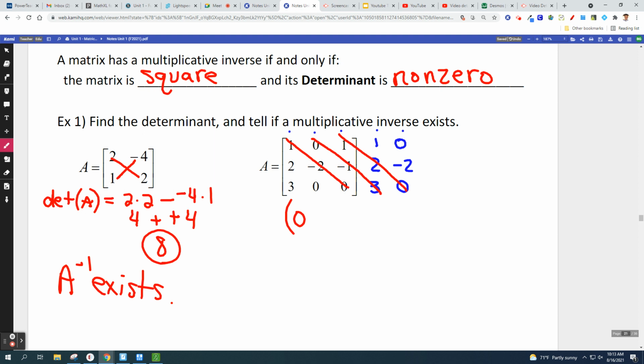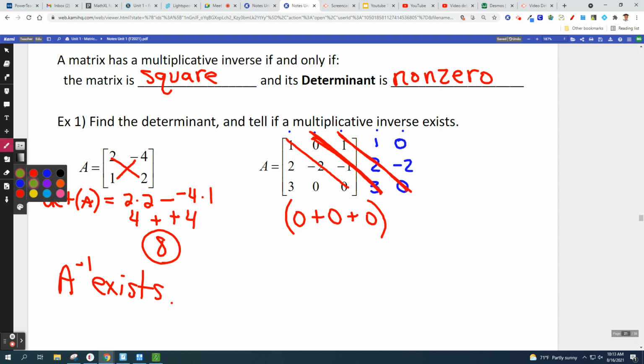But 1 times -2 times 0 is 0, plus 0 times -1 times 3 is also 0. And 1 times 2 times 0 is also 0. Now, obviously, that's going to be 0. Now, remember, up above, it says if the determinant is 0, then there won't be an inverse, all right? But that's not the determinant.